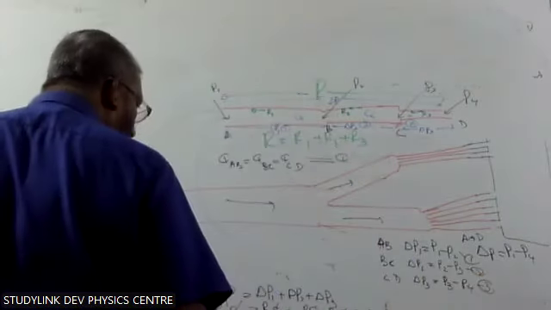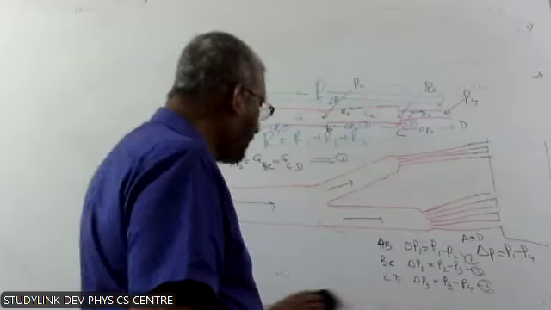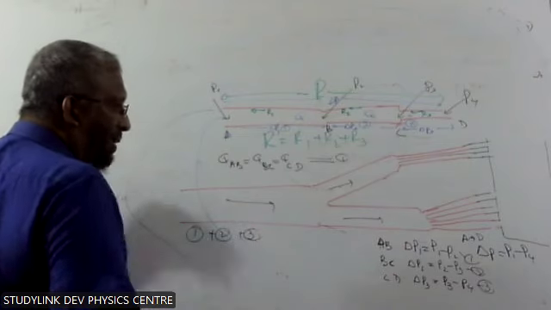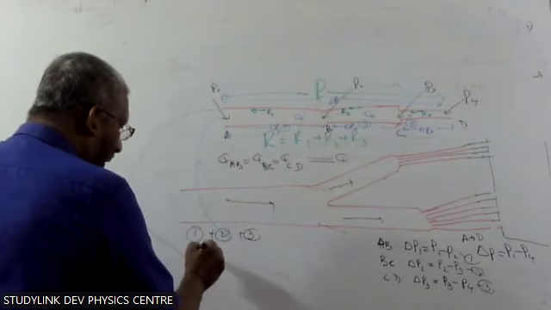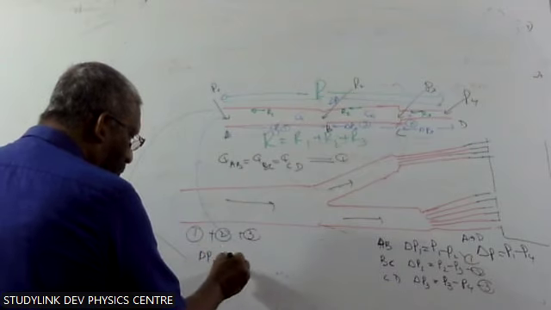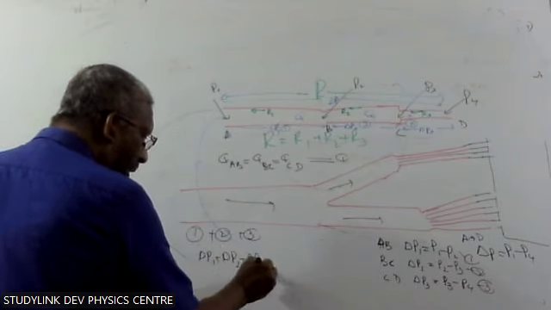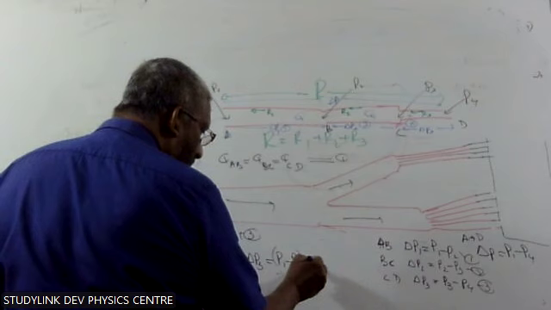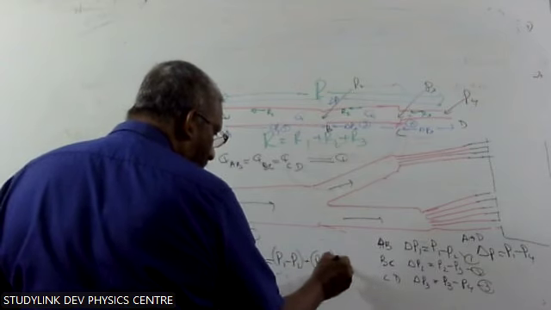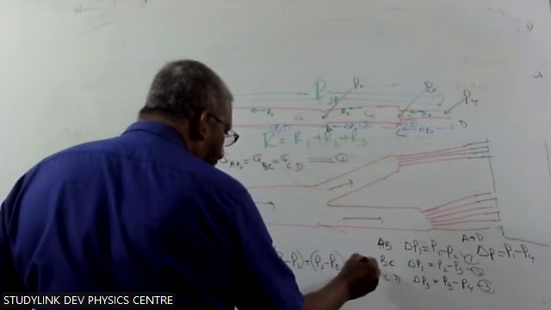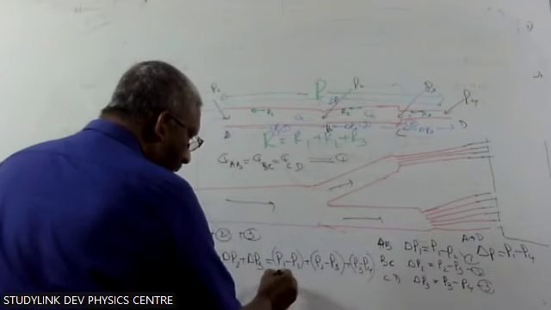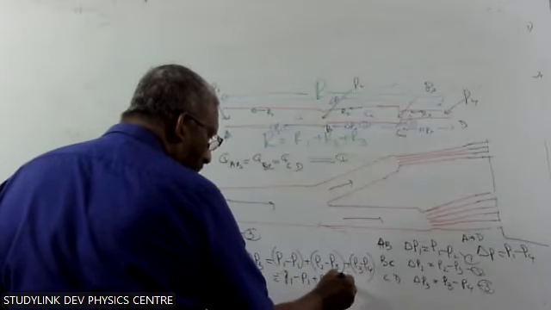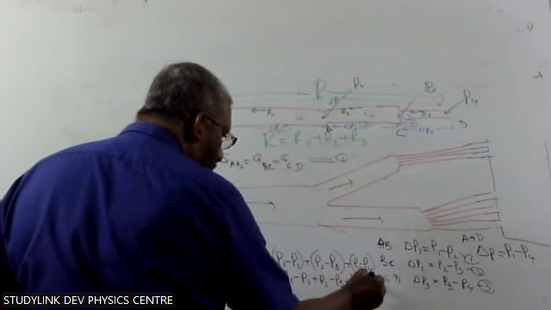Shall we add all those together? 1 plus 2 plus 3. Then you get delta P1 plus delta P2 plus delta P3 is equal to P1 minus P2 plus P2 minus P3 plus P3 minus P4.